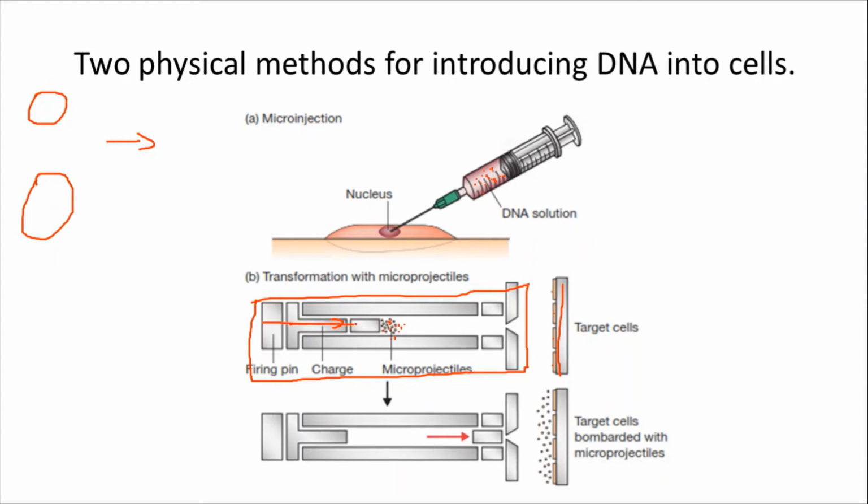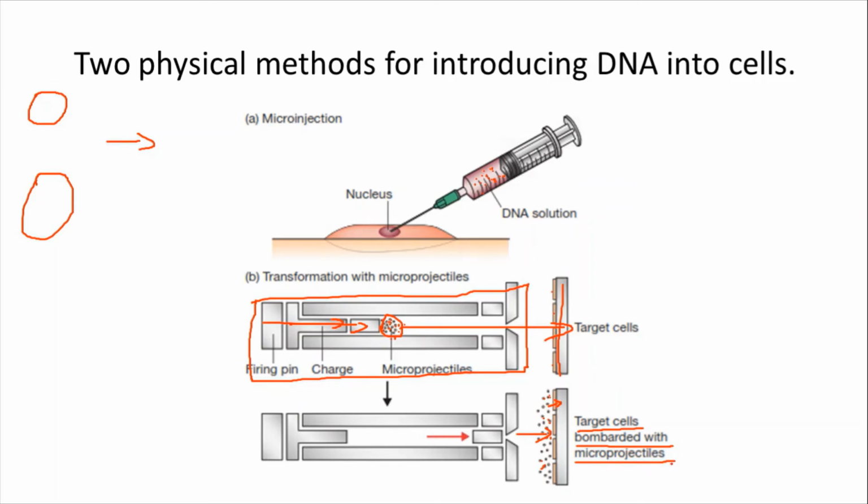Bombard means you strike the cells at very high speed. At that time the DNA molecule gets inserted into the cell. Our recombinant DNA is placed on small granules, called the microprojectile. The microprojectile is shot into the host cell, and immediately the DNA goes inside.